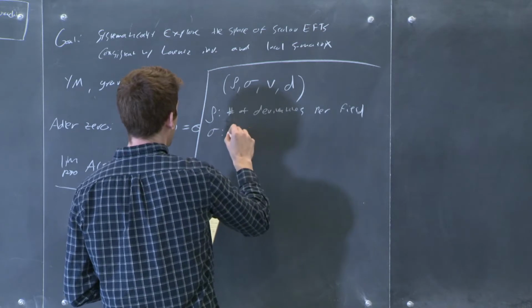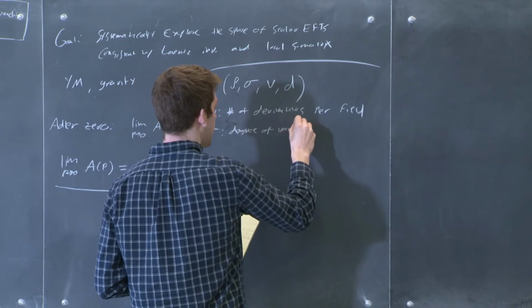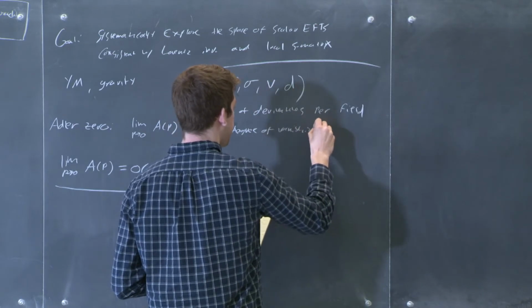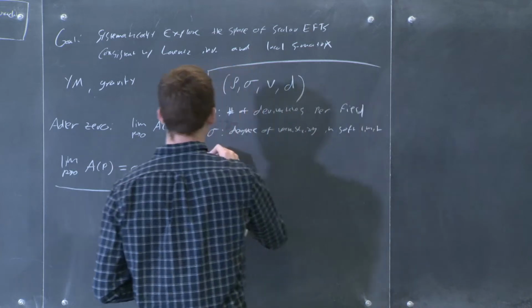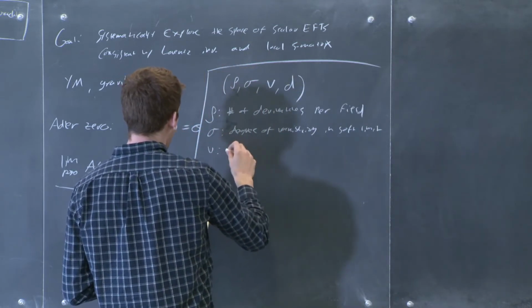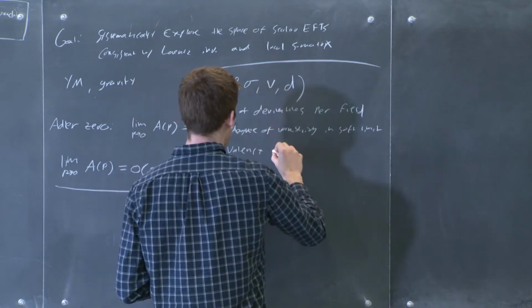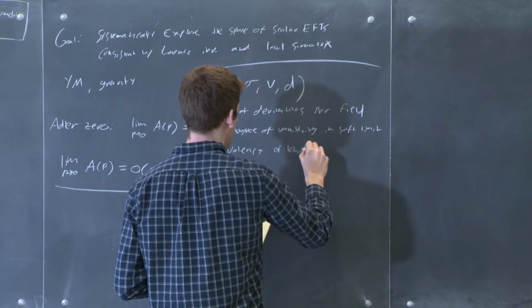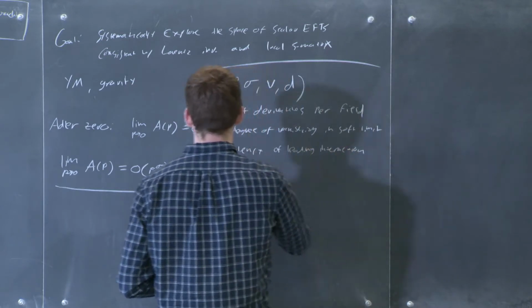Sigma is the degree of vanishing in the soft limit. V is the valency of the leading interaction, valency just meaning how many fields are interacting. And D is the space-time dimension.